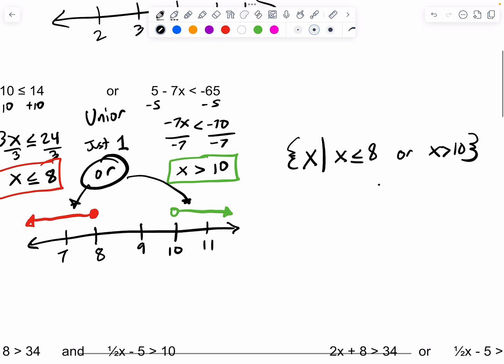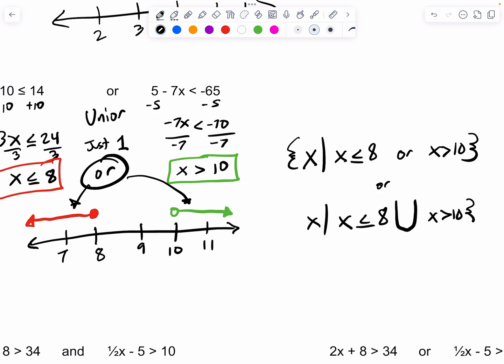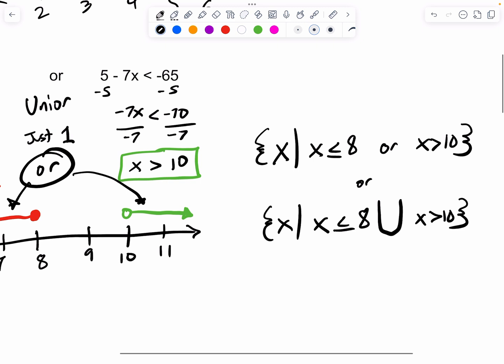Or you can write it like this. X is less than or equal to 8, U for union, that means or, x is greater than 10. I'm fine with you just writing or, but this is the same thing. You can switch these out.